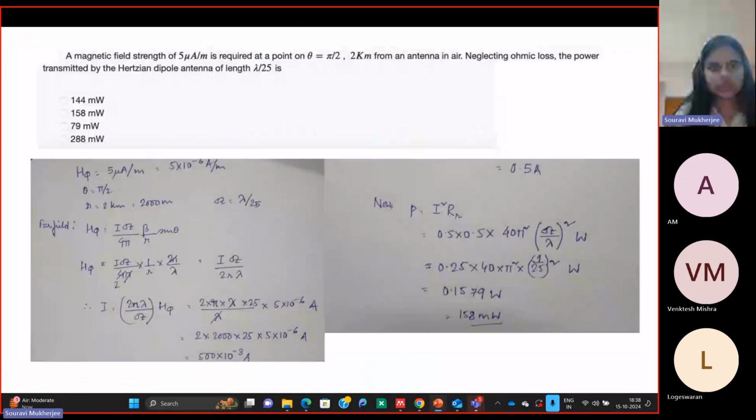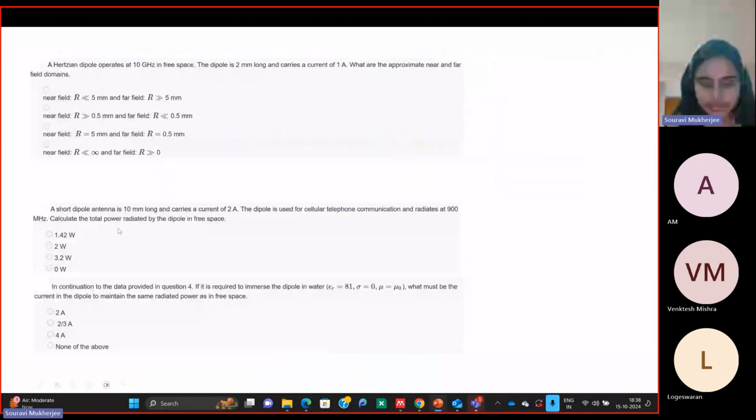Another question. These are very standard questions just based on whatever concepts we just discussed. If you have any doubt, you can ask me. So here, what we see is that this is a short dipole antenna. The length is given, the current is given, and it is said that the dipole is used for cellular telephone communication and radiates at this frequency. The frequency is given.